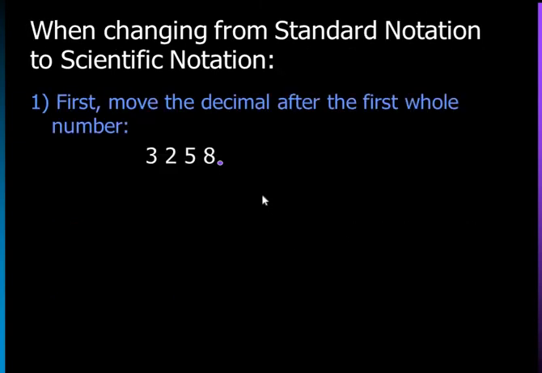Now if I want to write them or change them from the standard form into the scientific notation, look, I want to write this in the form of a times 10 to the power n.